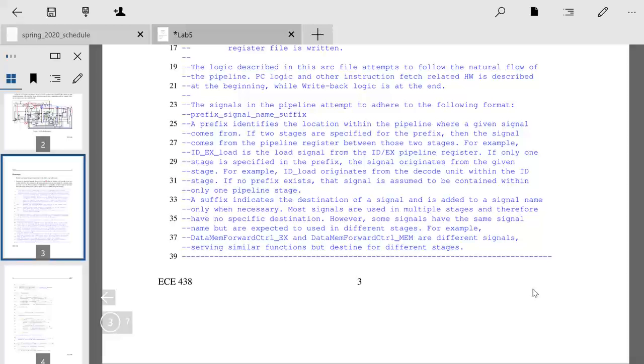If two stages are specified for the prefix, then the signal comes from the pipeline register between those two stages. So for example, we'll have a signal called load, and that comes from your decoder, of course.